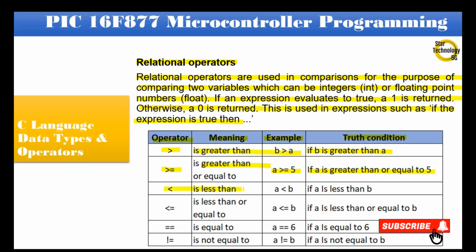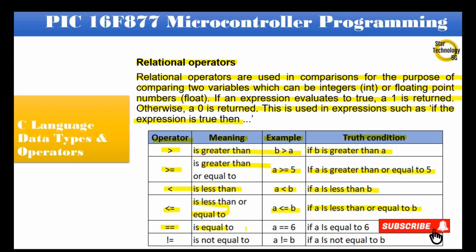Operator: less than. Example: A is less than B, true if A is less than B. Operator: less than or equal to. Example: A is less than or equal to B, true if A is less than or equal to B.